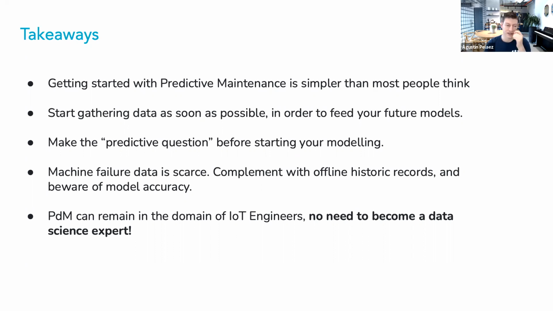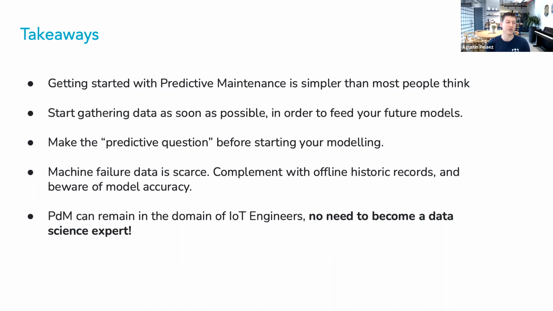And because the machine failure data is scarce, you want to complement it by looking at historical records to see what you can find, even if it's a lot of years back, and beware of model accuracy. So if a model says it's 70% accurate, but your machine fails only 1% of the time, then you're going to end up with a lot of false positives or false negatives that are going to add noise to the maintenance program.